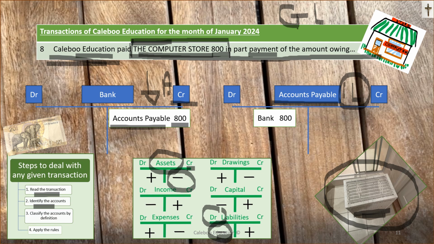It's a decrease, arrow pointing down, decrease in liabilities. And a decrease in liabilities, the rule says debit the account. So we debit accounts payable, creditors control. Under details we put bank, and the amount is 800. So we have a debit entry and a credit entry to the amount of 800.